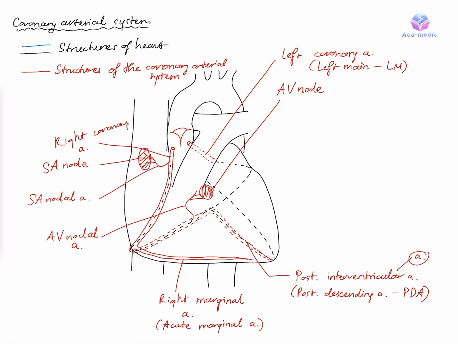The reason it's called left main is because it instantly divides into two branches. One of them dives into the anterior interventricular sulcus and goes down to the apex of the heart like this. We call that the anterior interventricular artery, and that, once again, is its anatomical name.